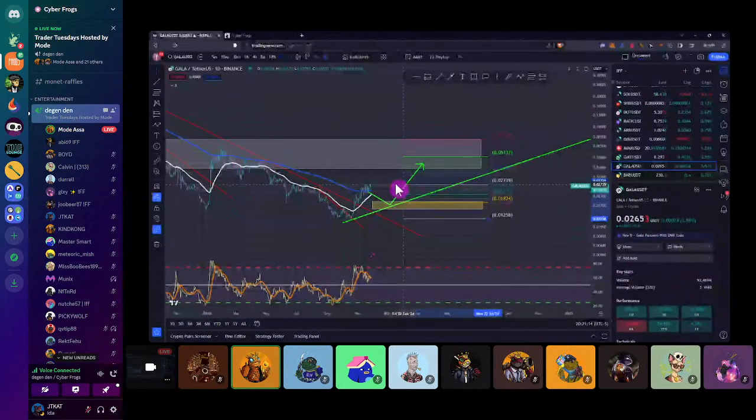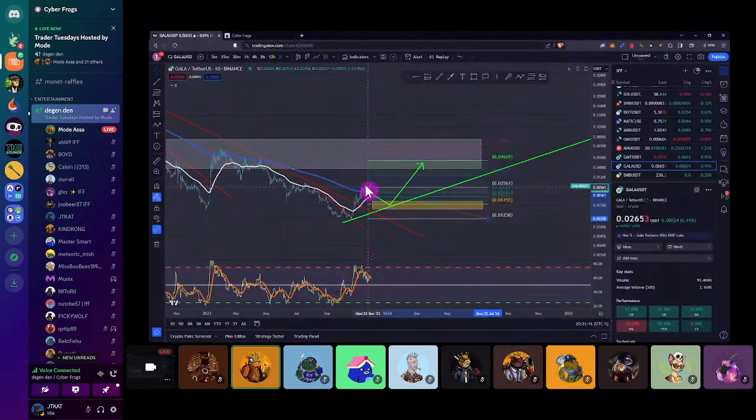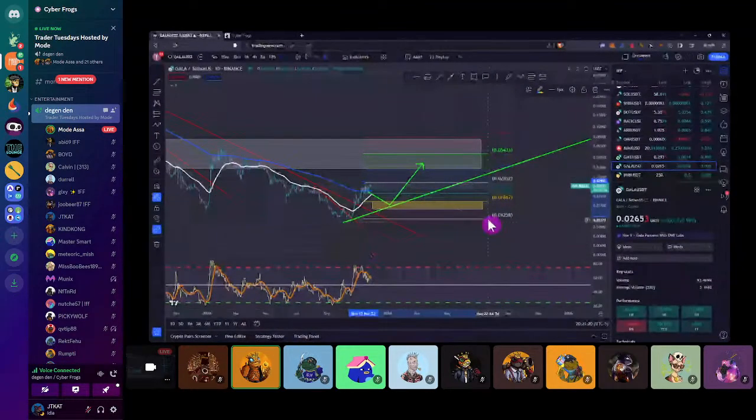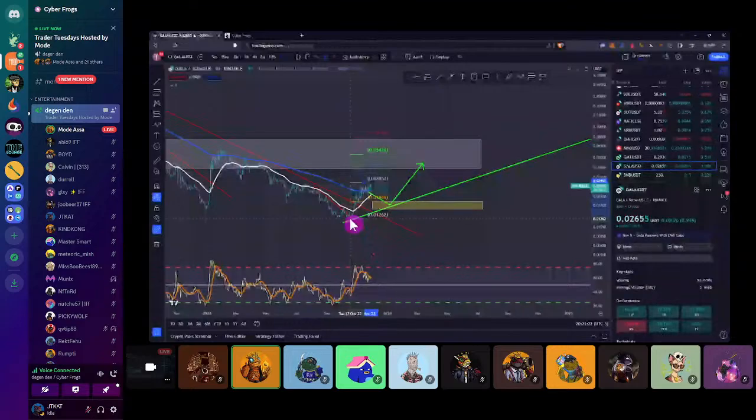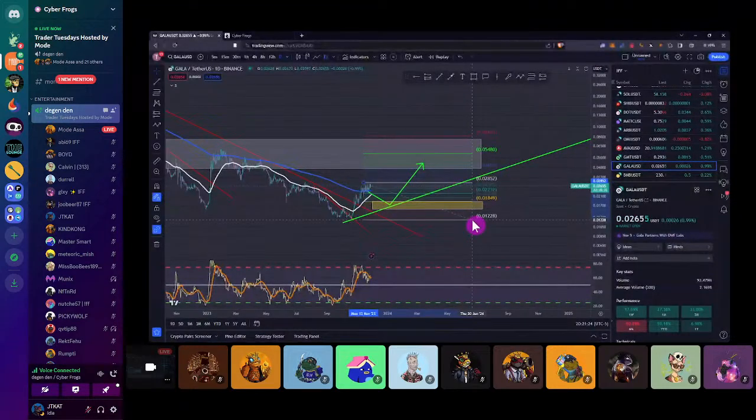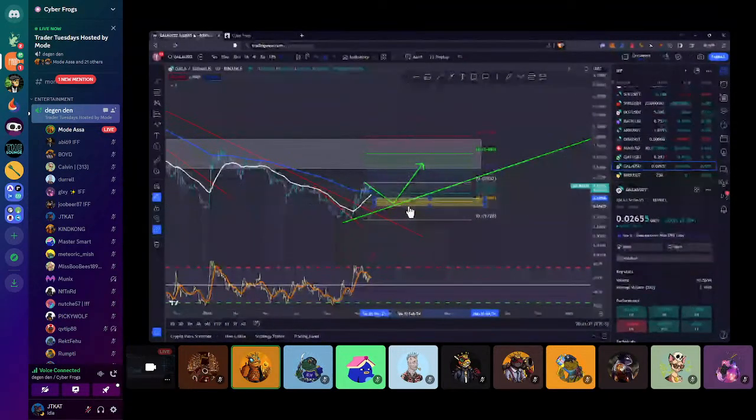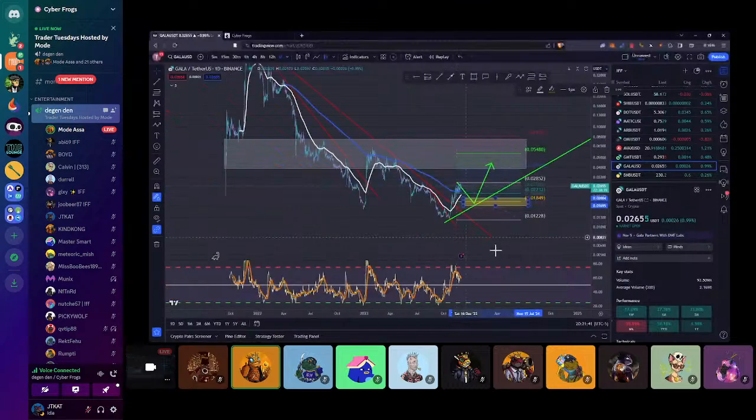And so we were talking about fibs. If I set this at the top of the pump, and I set this at the low, right? So that gives us the first pump up. It gives us a potential zone for what our retest might be. And this is where I like to make my entries, on this golden line, on this golden zone.